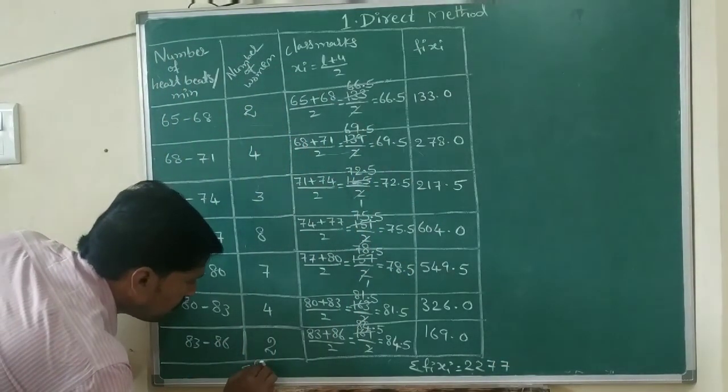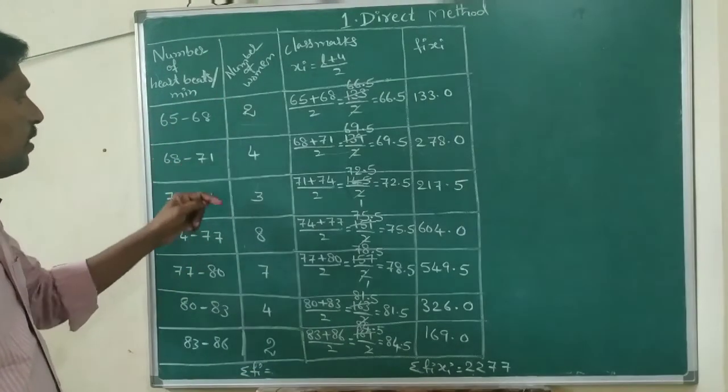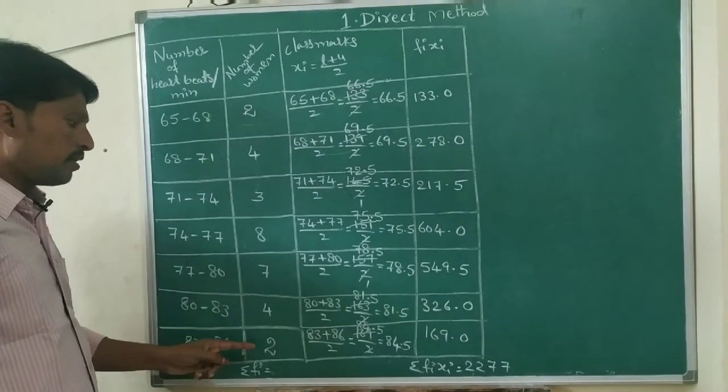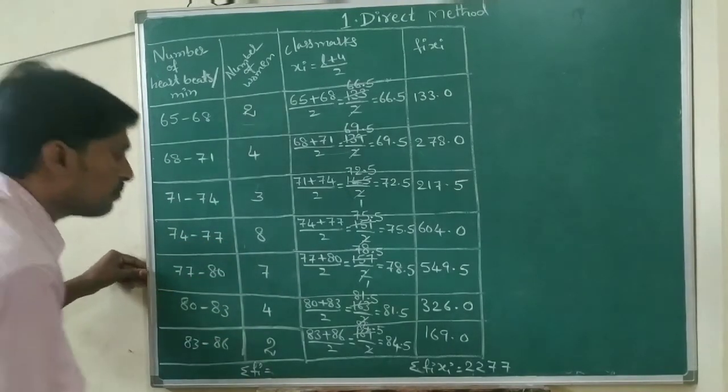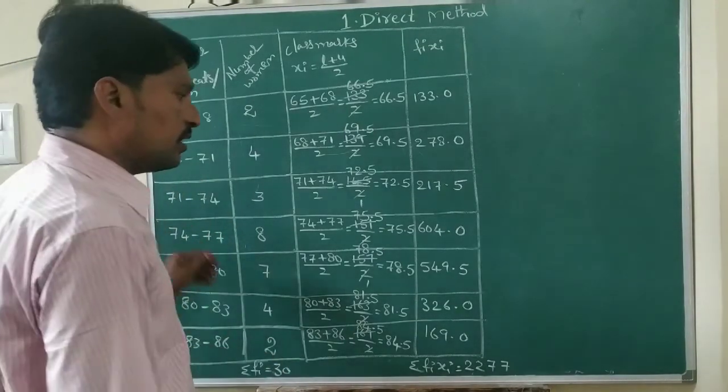Now we need to add the frequencies also: 2 plus 4 plus 3 plus 8 plus 7 plus 4 plus 2. That value is 30. So sigma fi value we got is 30.